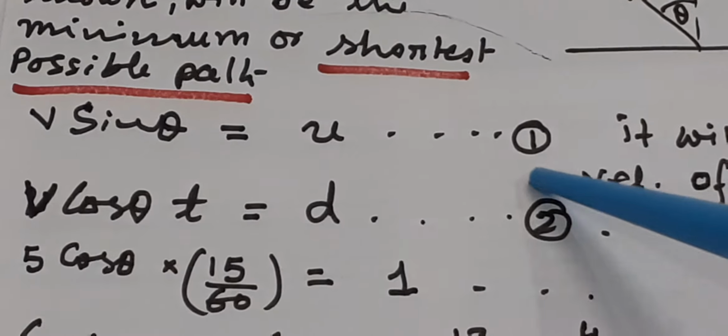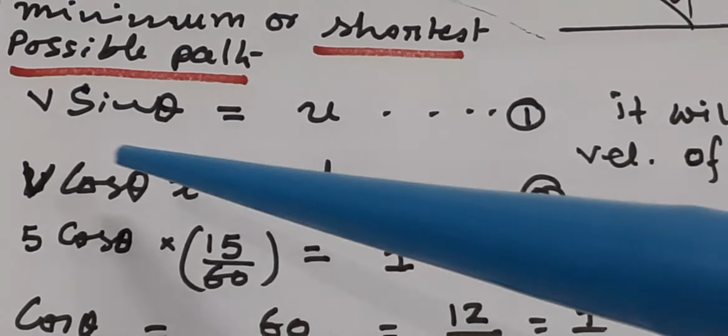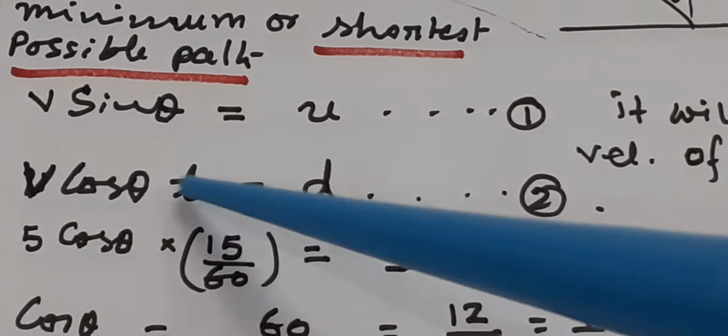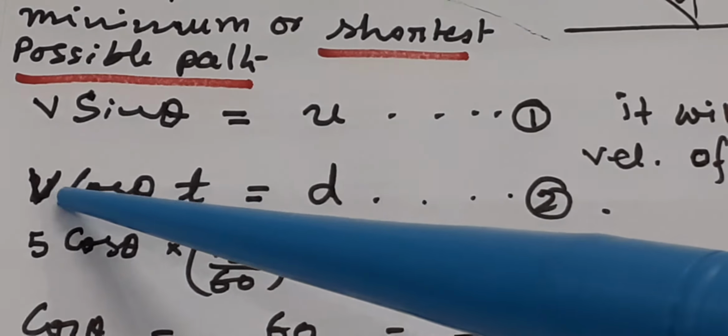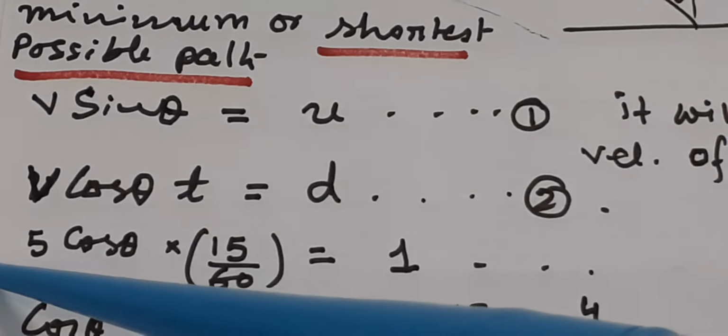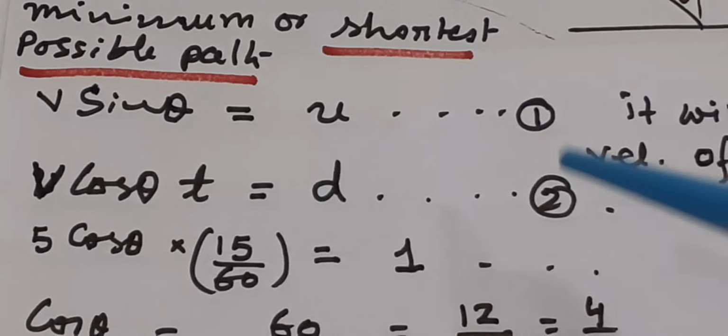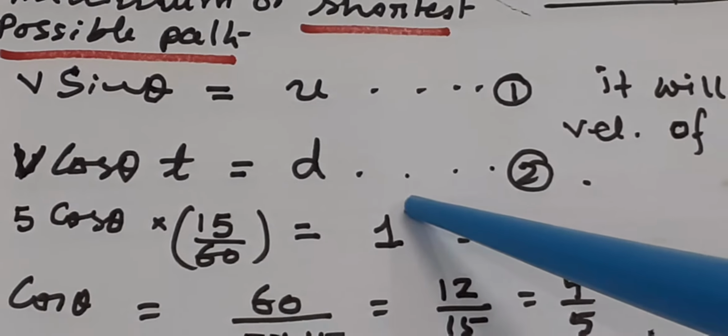Here the least distance is d. Now from here, time is given, velocity of the boat is given, and the distance, the width of the river, is known. So all parameters are known other than theta. Theta is the decision to be made by the boatman.